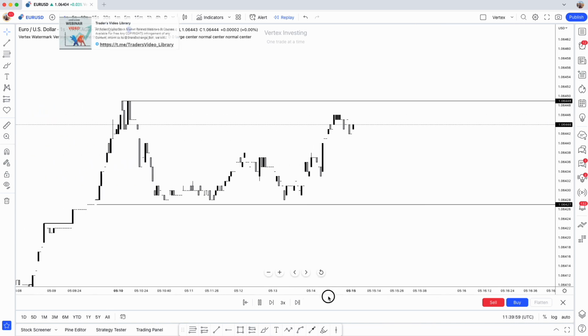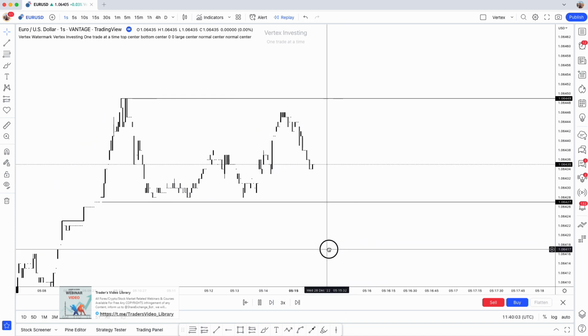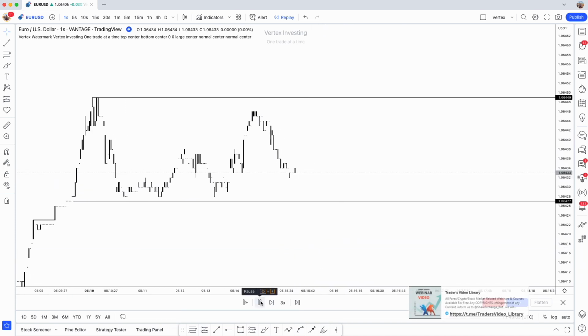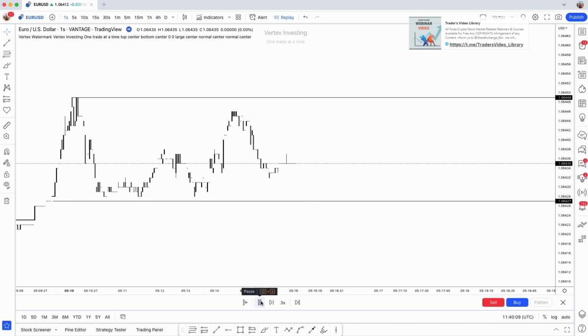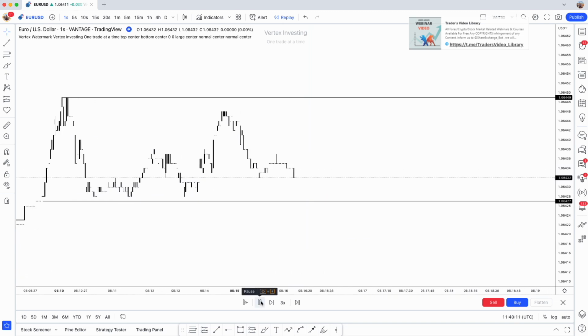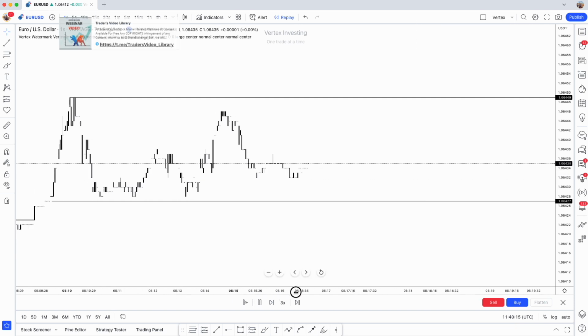When it eventually breaks, it just happens that I picked the slowest piece of price action, which is odd because we're coming into Frankfurt. I'd expected something a bit quicker.